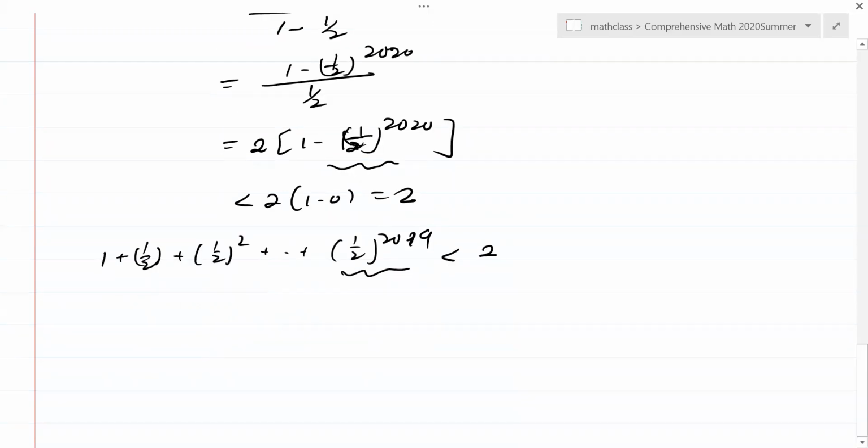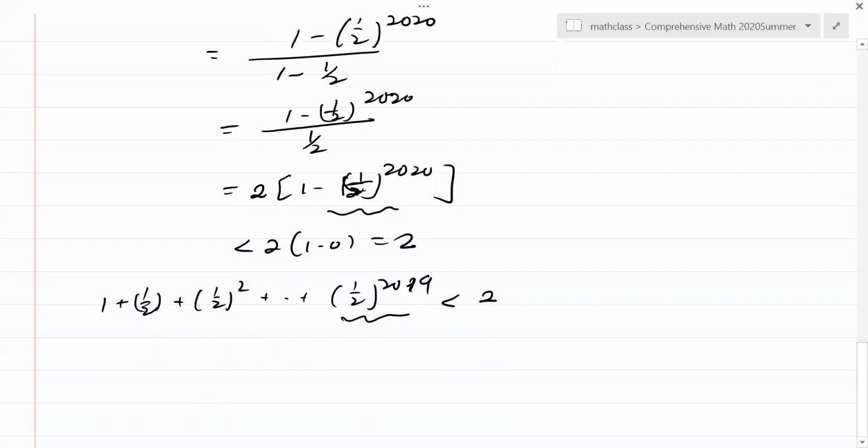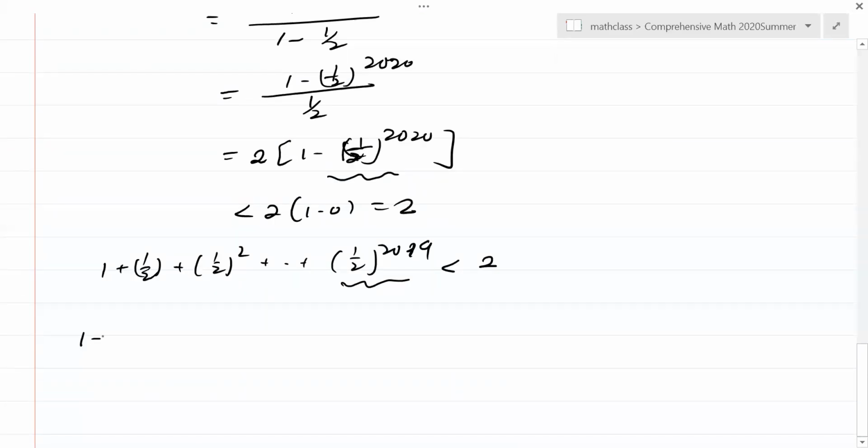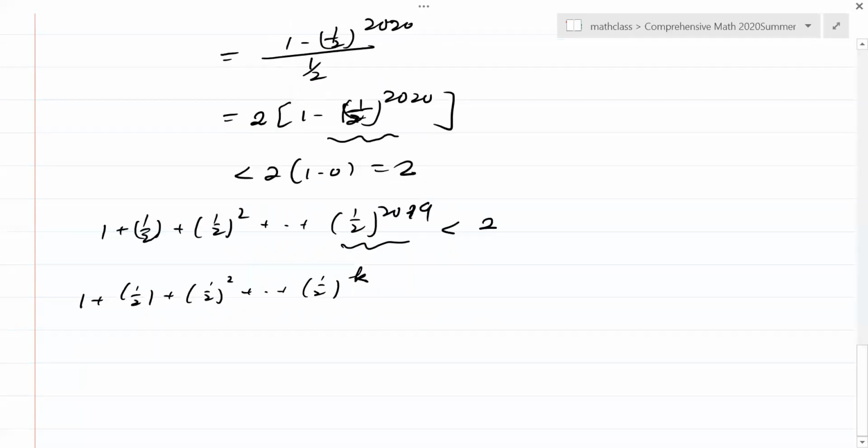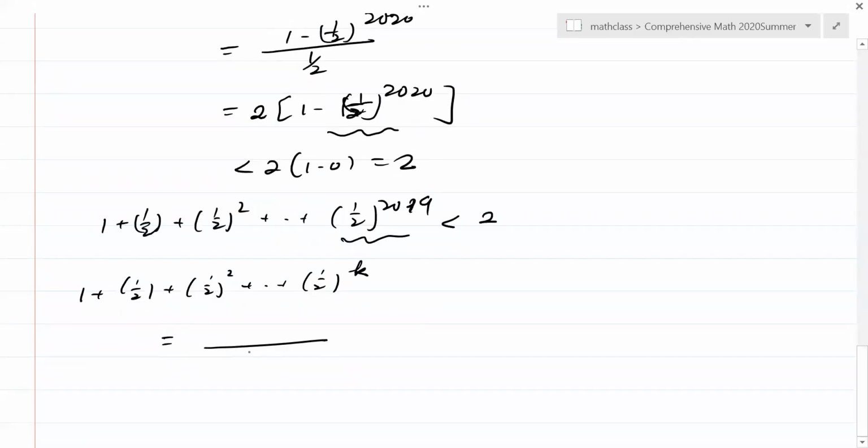So let's take a look at something even more general, okay? You have 1 plus 1 over 2, 1 over 2 squared, 1 over 2 to the power of any large number. Let's call it k, okay? k could be 1 billion, 1 trillion. According to the above formula, that is going to be 1 minus 1 half to the k plus 1.